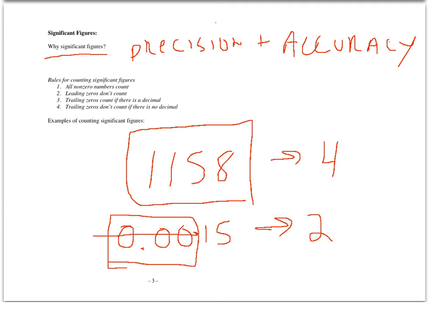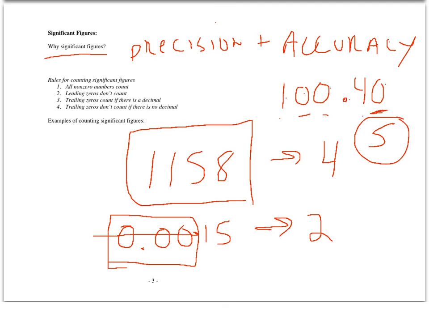So, for example, if I have 100.40, this 0 after the decimal point counts, and so all of these zeros are counting, because one thing that they left off is these sandwich zeros between non-zero digits. These are significant too. So in essence, I have 1, 2, 3, 4, 5 significant figures. 5 significant figures there. Okay.